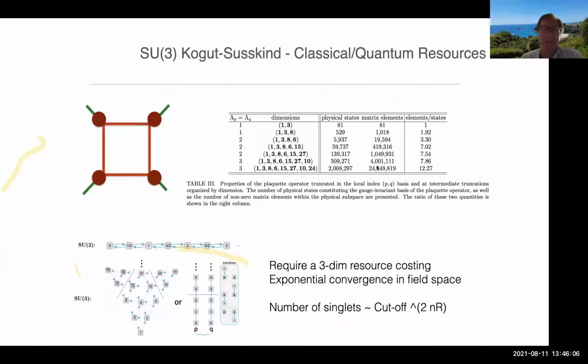If you look at the scaling of the classical processing that was required to do that, then if you just consider the 1 and the 3 and the 8, for instance, then in the 3-bar, you have about 1,000 matrix elements to compute. But by the time you've gone up to including the 24-dimensional array, then you have 24 million.